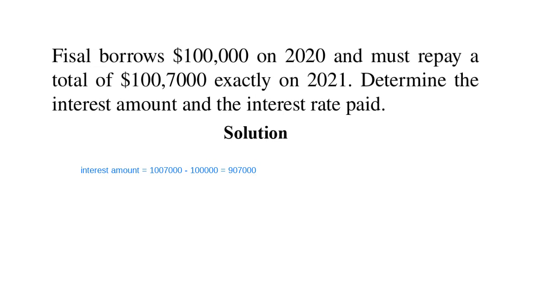For the interest rate paid, you divide the interest amount over the original amount, and then you multiply by 100 because it's a ratio. It is money divided over money, so it will not give you a percentage, it will give you a ratio. To convert it to a percentage, you have to multiply it by 100. So you get the percentage needed, okay?